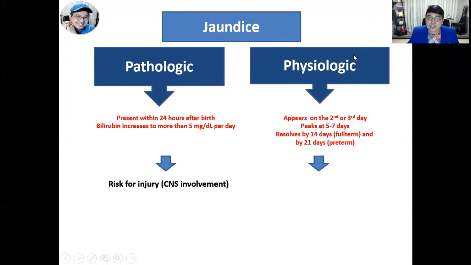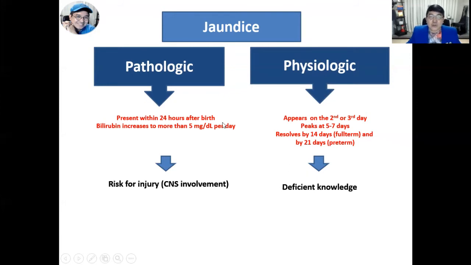Now, for physiologic jaundice, your priority nursing diagnosis could be deficient knowledge, because the mother could be so alarmed or so anxious that the child is yellowish. But if you explain to her that this is a physiologic alteration that is expected on the second day up to the 14th day for a full-term baby and 21 days for a preterm baby, then it will definitely allay the patient's anxiety.